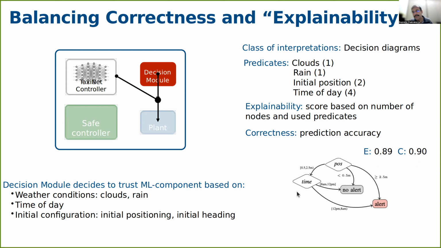Then if it was between 0.5 to 2.5, it splits on the time. Otherwise, it doesn't have to split on the time. It's basically saying that if the position was quite close to the center of the runway, then the other factors don't really matter much.